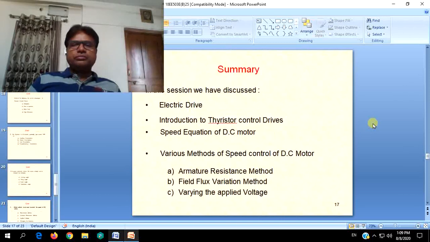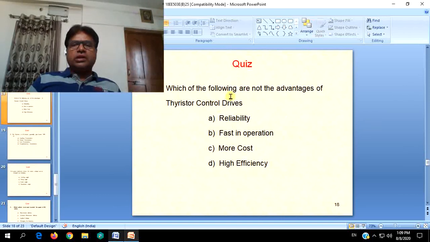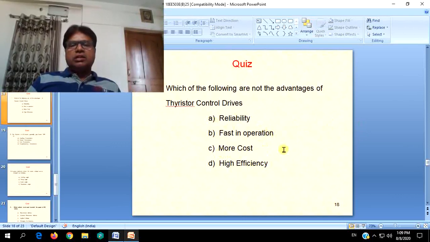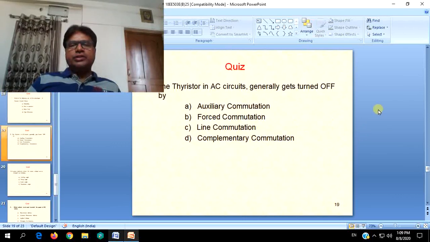To have the quiz: which of the following are not the advantages of thyristor controlled drives, that is power electronic drives? Reliability, fast in operation, more cost, high efficiency. That is more cost. Yes, as the ratings increase, cost will increase. It is not an advantage.